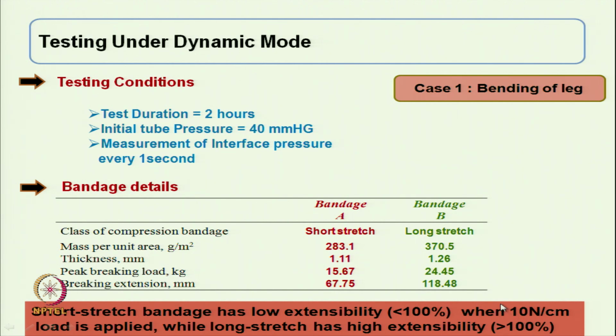So, based on that the bandages are characterized in 2 categories, short stretch and long stretch. For the mass per unit area, short stretch was less, 283, and 370 for long stretch, and thickness was given.